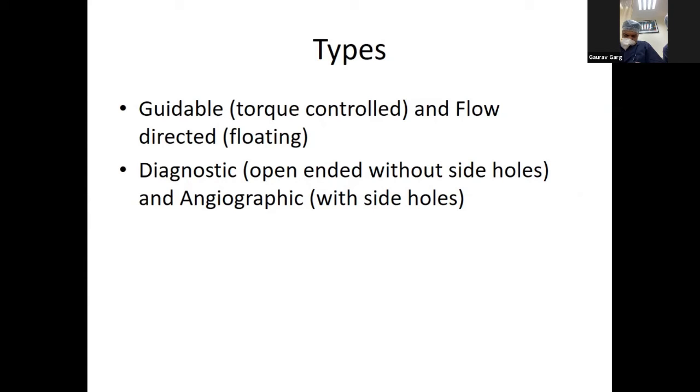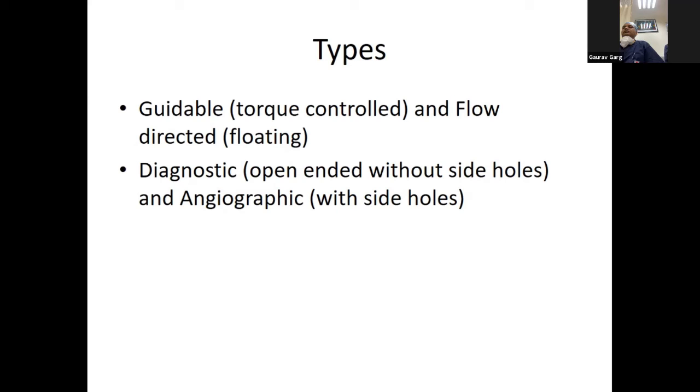But on the other hand, if we use an open-ended catheter for angiography, suppose we are using a power injector with an open-ended catheter, then we can easily injure the vessel wall, because there will be a single, high pressure stream which will directly hit the vessel wall.